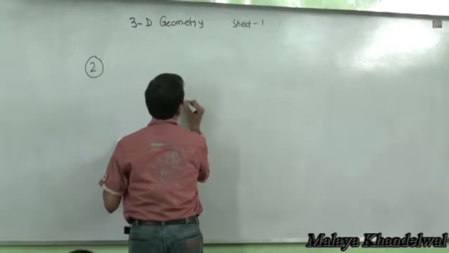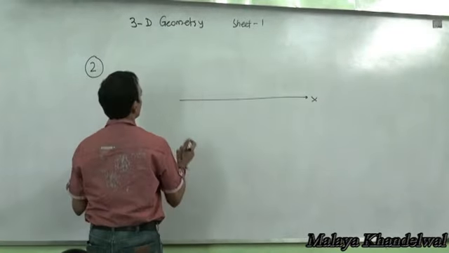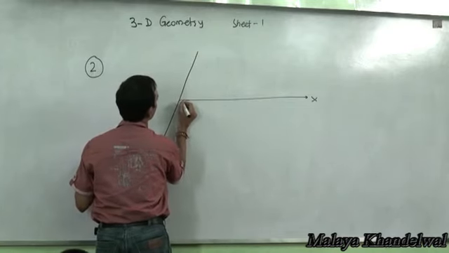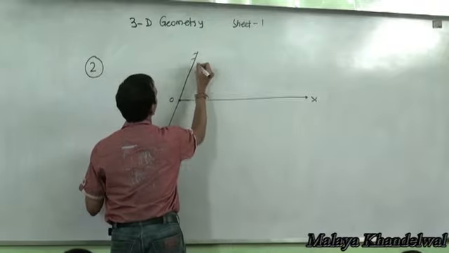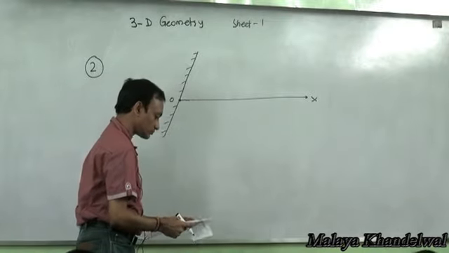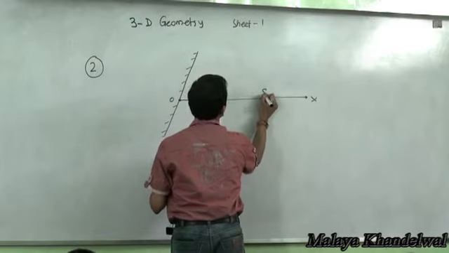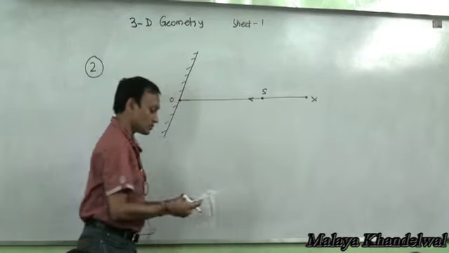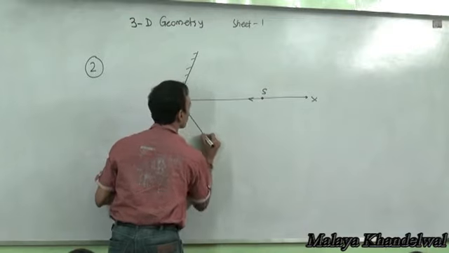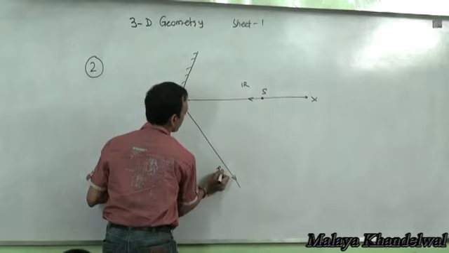So this is the x-axis and this is a mirror placed at O. A ray of light from the source, this is the source, strikes the mirror and is reflected. This is the incident ray, this is the reflected ray.